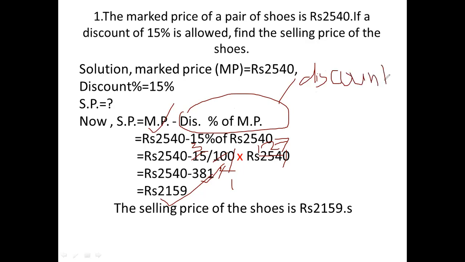This is the discount amount. We can find it separately. Discount amount equals discount percent of MP. We can find it separately, then subtract the discount amount from MP, and we will get the same answer.